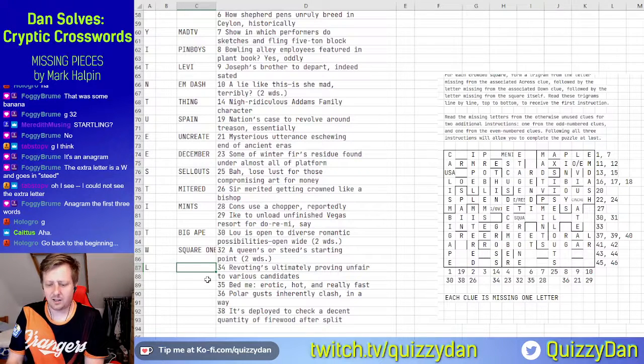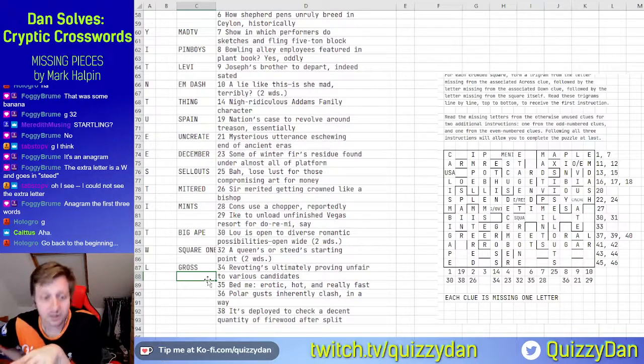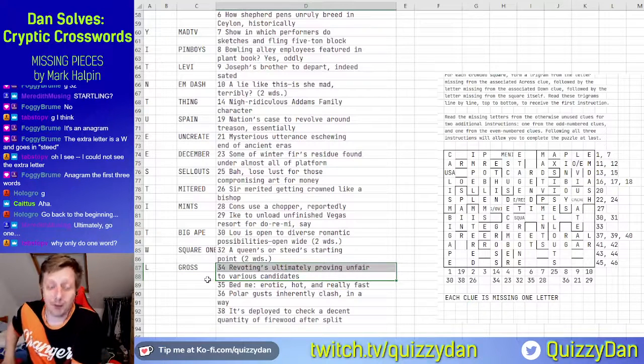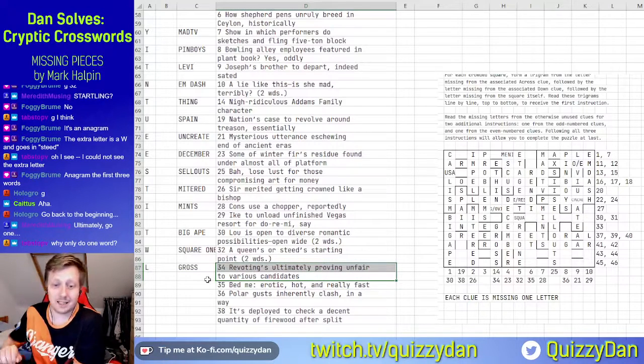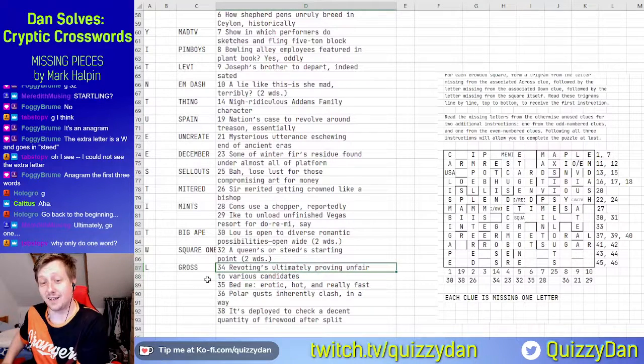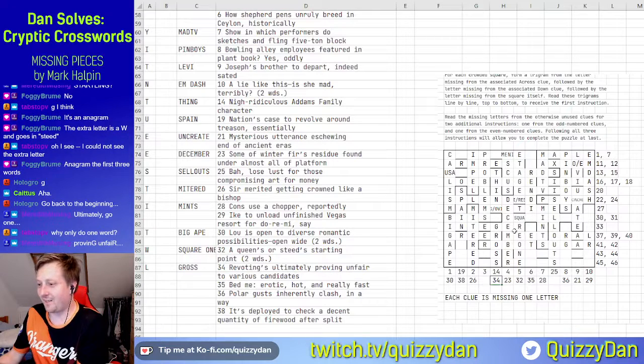So, I mean, it's got to be gross, but it can. Oh, hang on. There's another line. Right. This was just a comedy of errors. Right. GROSS. It's the last letters of proving unfair to various candidates. What utter muppetry. Love it.